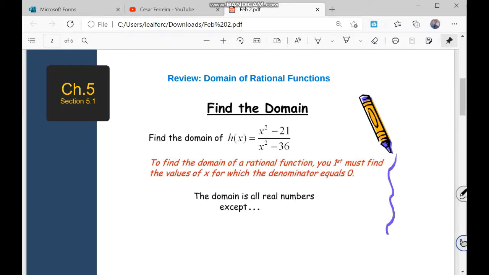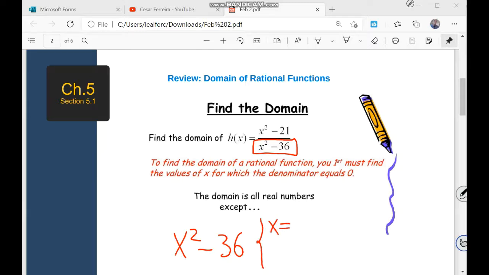Just forget about the numerator, look only at the denominator. To find the domain, you must first find the values of x that make the denominator equal to 0. In this case, x squared minus 36, we will have two values of x that make this 0. x equals 6 and x equals negative 6.